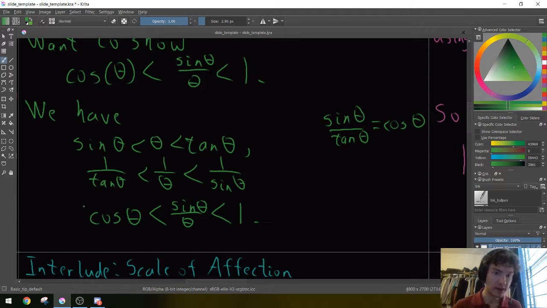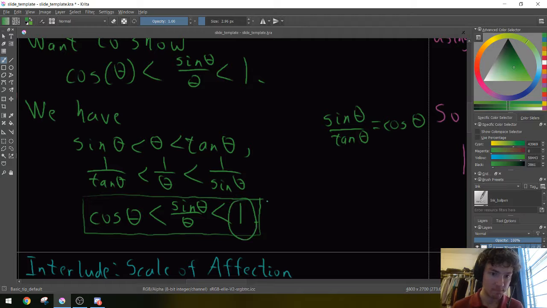Okay, so now we're effectively done. We haven't proven this, but cosine of theta has the usual property that its limit as you go to 0 is simply the value you get by plugging in. So if I plug in, I get cosine of 0, which is 1. So this thing has the limit of 1 as theta goes to 0.